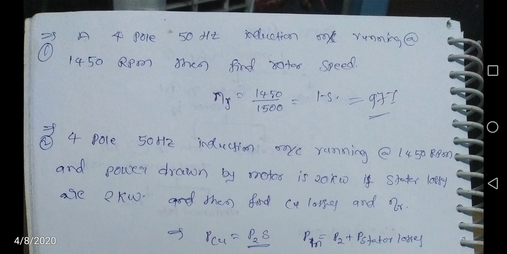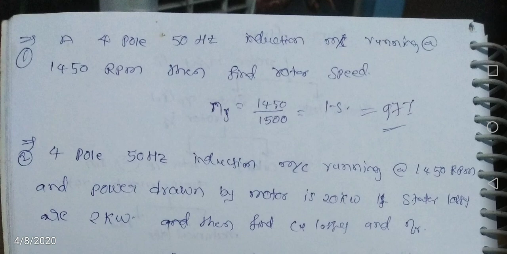One more problem. A 4-pole 50 Hz induction machine running at 1450 rpm and power drawn by the motor is 20 kilowatt.